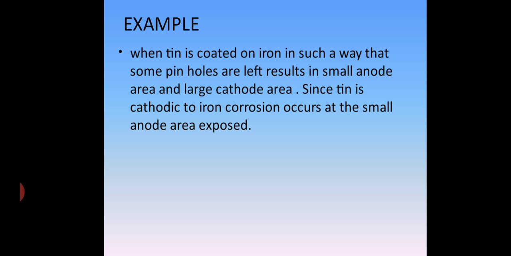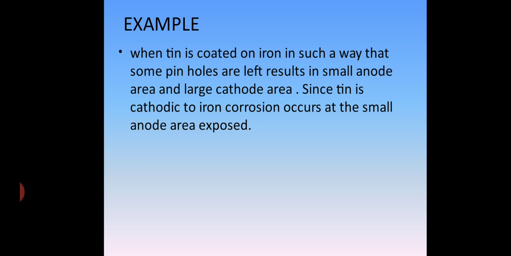When tin metal is coated on iron in such a way that some pinholes are left, it results in a small anodic area. What do you mean by this? There is an iron slab on which there is a coating of tin. Tin is cathodic to iron, meaning it is less reactive as compared to iron.